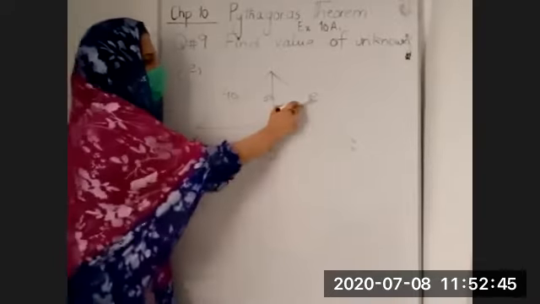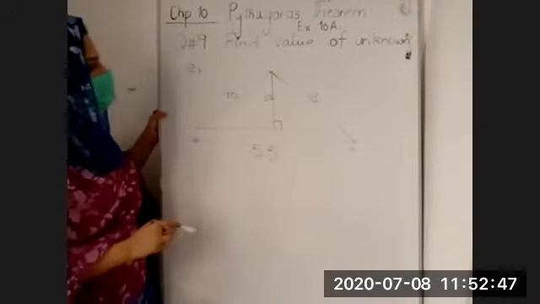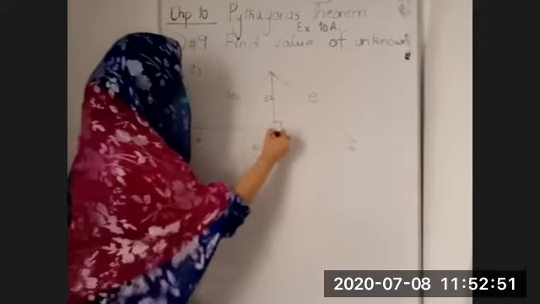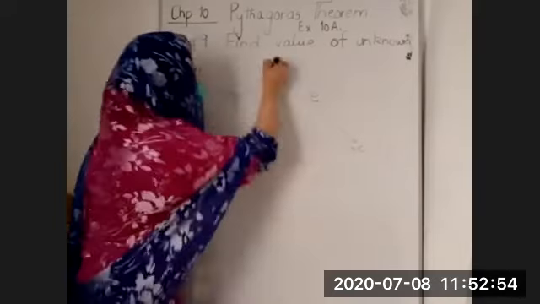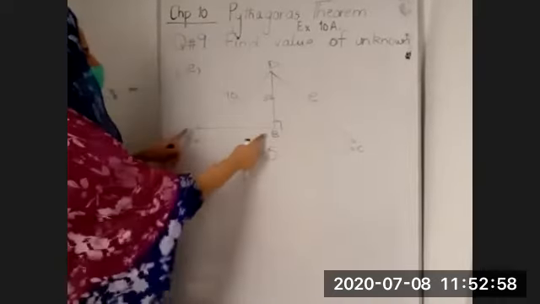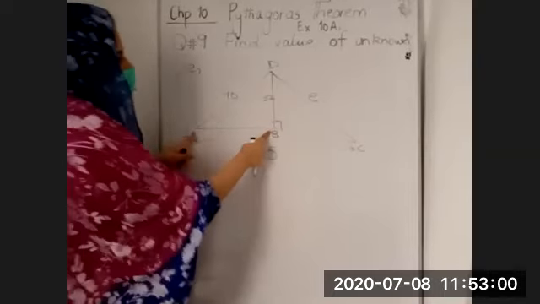The unknown is E. You have to find its value. First, I'm going to name the edges A, B, C, and D. First, I will take the triangle ADB, and I will find out the value of AB.